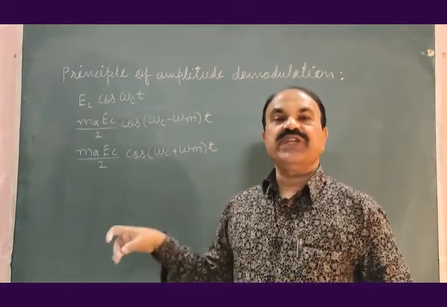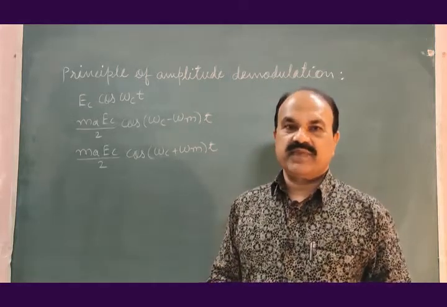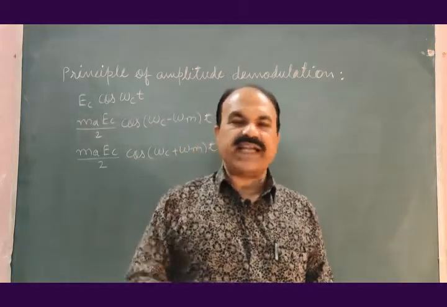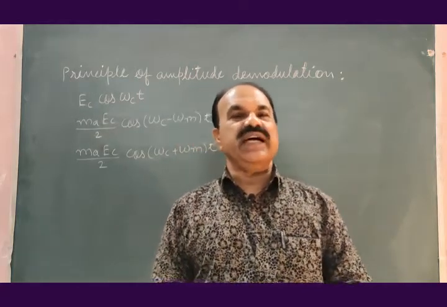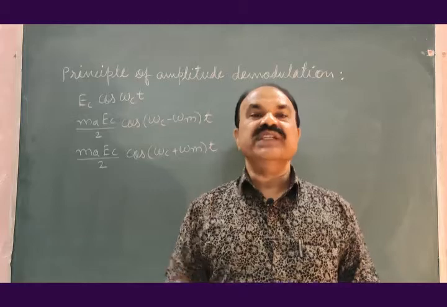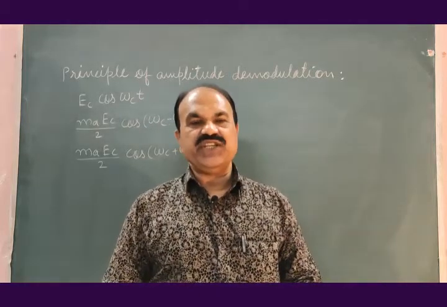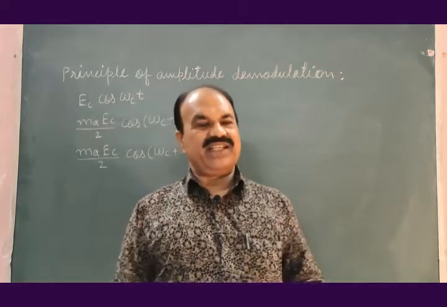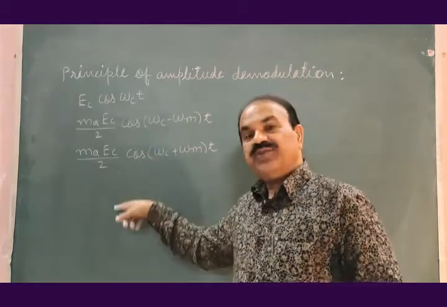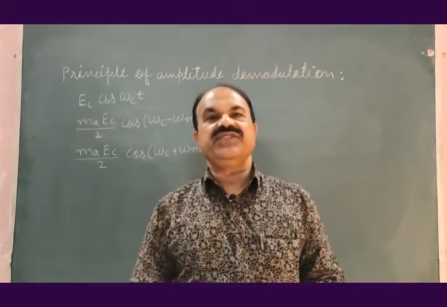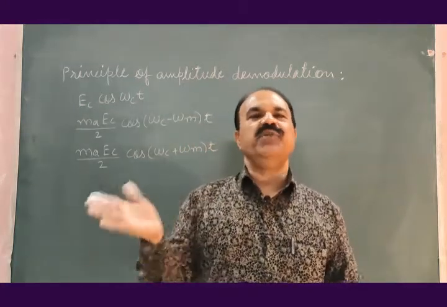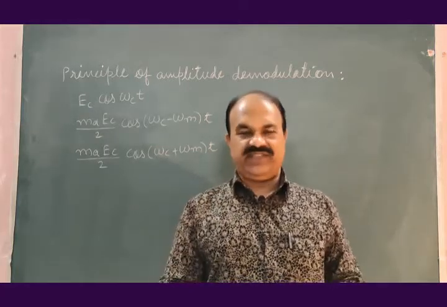The circuit used to recover the information omega m from either of these two sidebands is known as the amplitude demodulator circuit, or simply amplitude demodulator or amplitude detector.